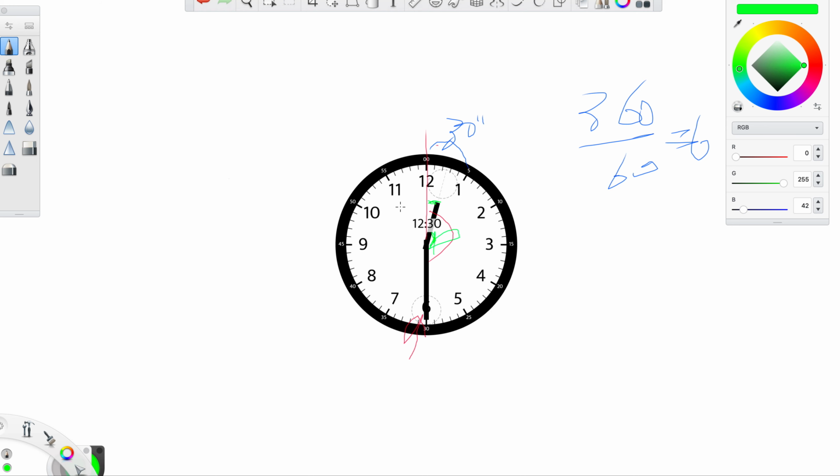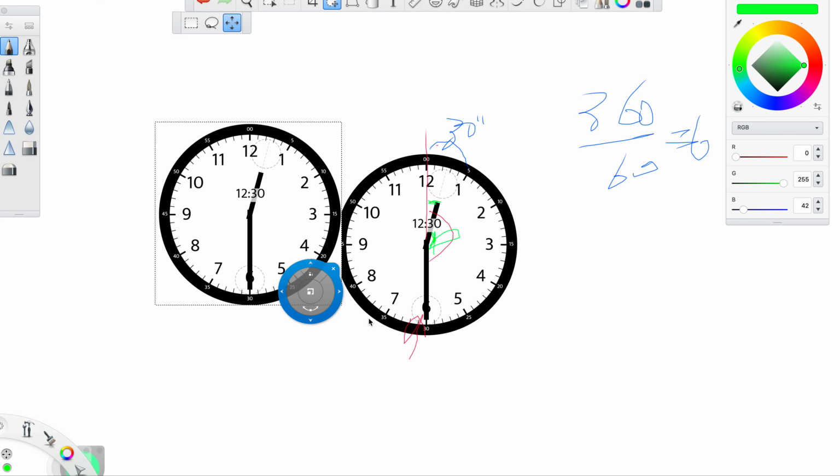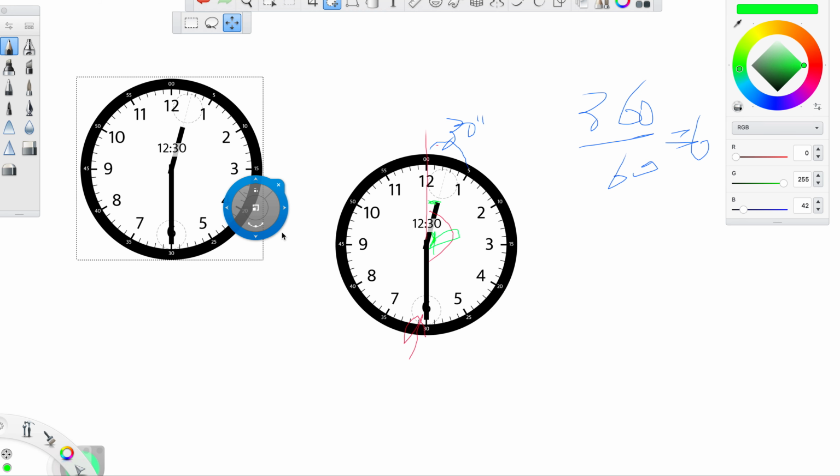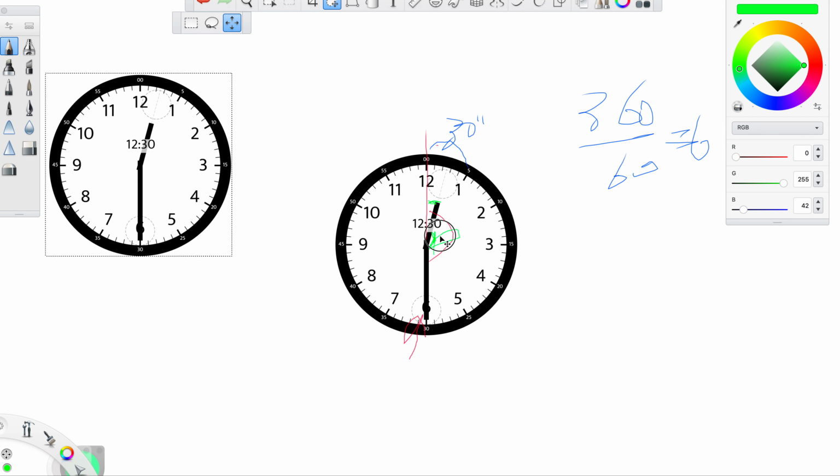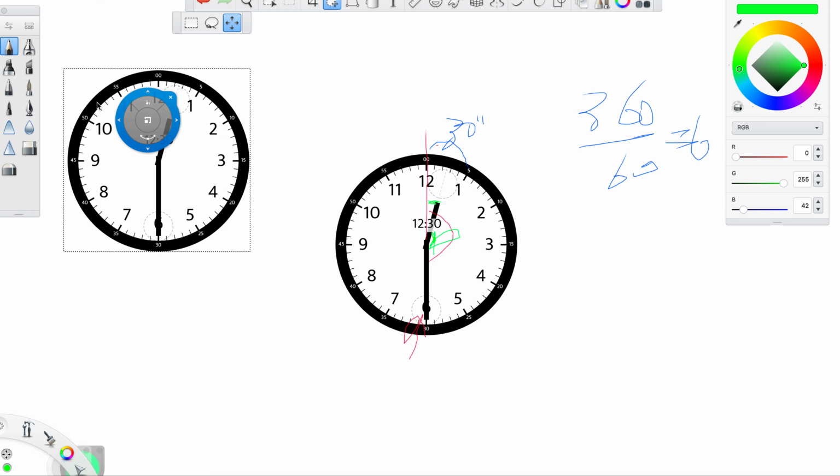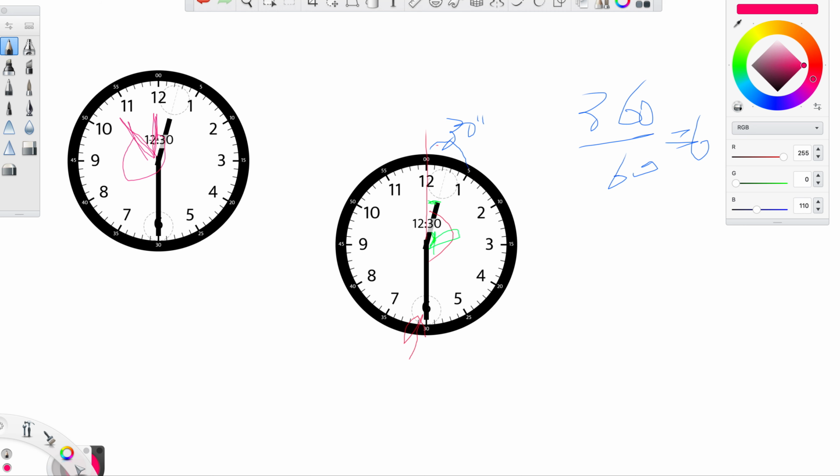If I copy an image like this, sometimes what will happen is your hour hand could be like this, and then your minute hand could be like this, let's say. So it still works, right? This degree minus whatever the hour degree, and then we just need to take the absolute value between these two.